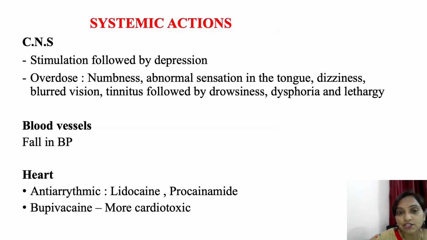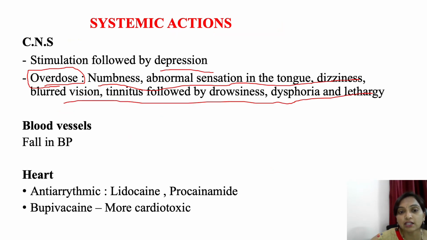As for systemic action, when you give local anesthetics, the CNS can be depressed. In case of overdose there can be numbness, tinnitus, abnormal sensation in the tongue, dizziness, blurred vision, drowsiness, dysphoria, lethargy. In serious cases, there can be a fall in BP, hypotension.